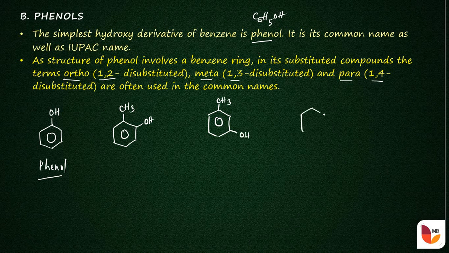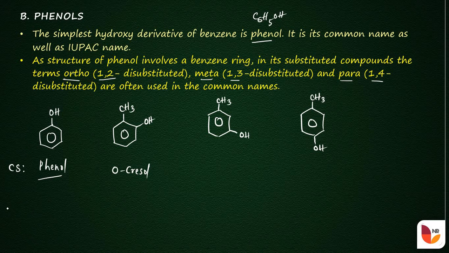And one more molecule, CH3 and OH, and one more molecule, CH3 and OH. Here the first molecule, in the common system, is written as orthocresol. Cresol is nothing but an aromatic ring containing one hydroxyl group and one methyl group, and here both the hydroxyl group and the methyl group are present at the ortho positions. So the molecule is written as cresol.